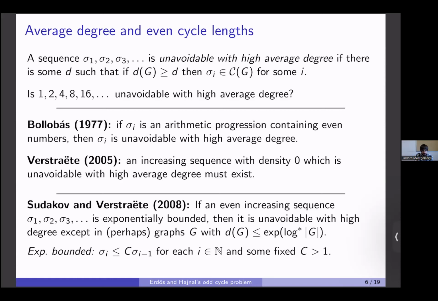And for exponentially bounded, that just means there's some constant c bigger than 1 such that you can bound the subsequent term by at most c times the previous term. So these are much sparser sequences than arithmetic progressions or anything like that. And indeed, they include the 2 sequences that we had before explicitly, the powers of 2 and the prime numbers. And we know that it's unavoidable except for perhaps these really, really sparse graphs.